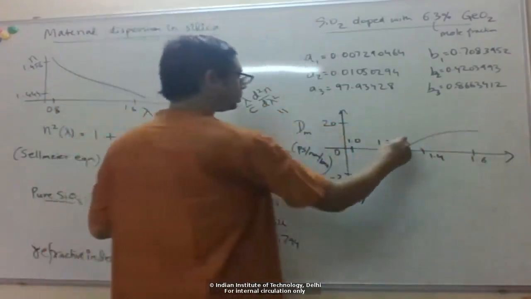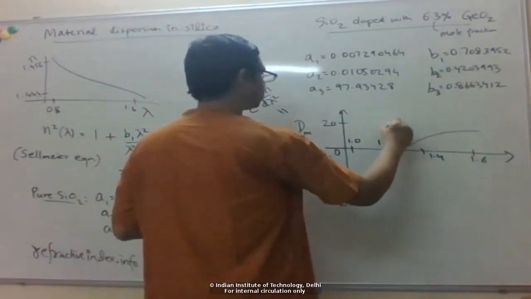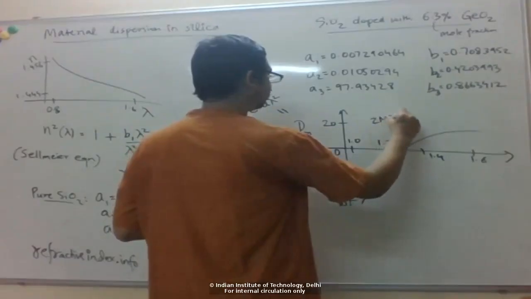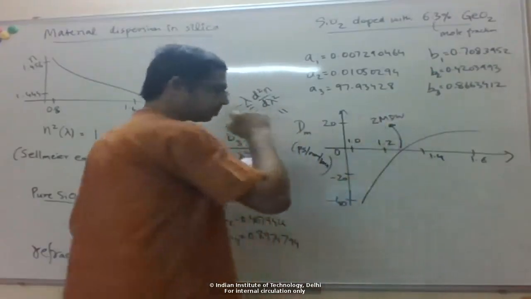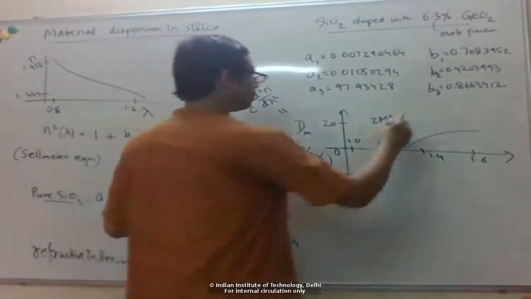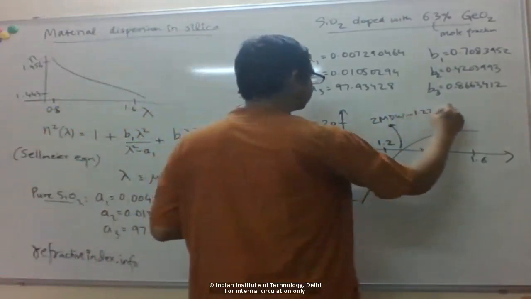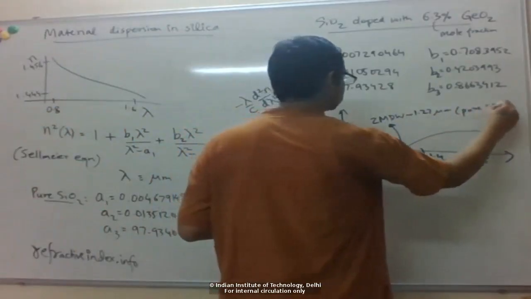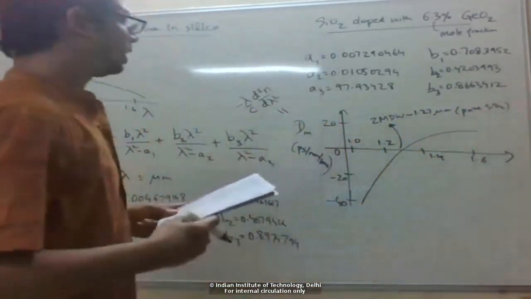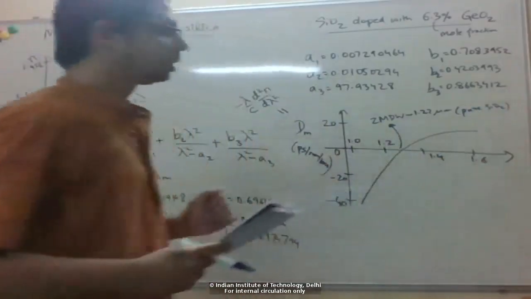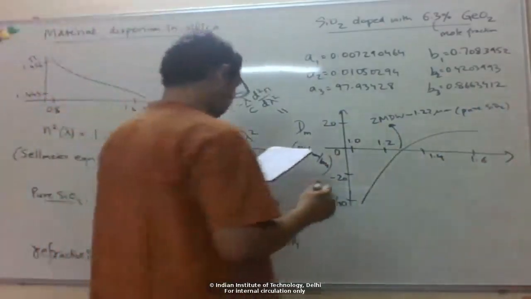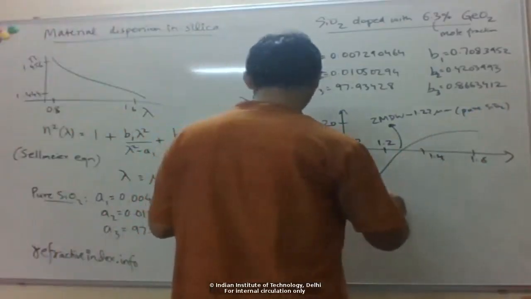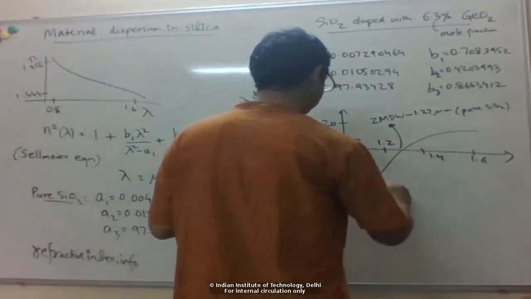So it crossed zero here. This wavelength where it crosses zero is called the zero material dispersion wavelength. That was 1.27 micron for pure silica. Now with doping, we can shift this zero dispersion wavelength slightly. As we increase the doping with germanium, this curve shifts slightly like this.